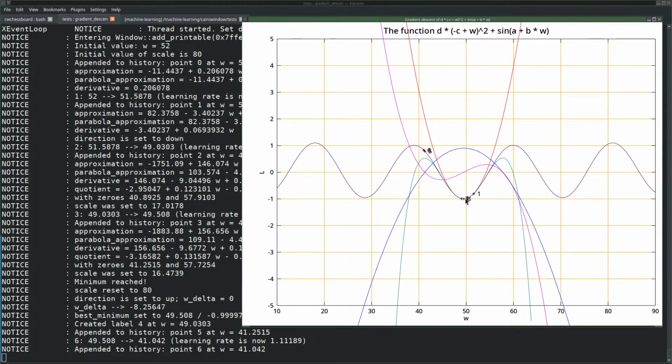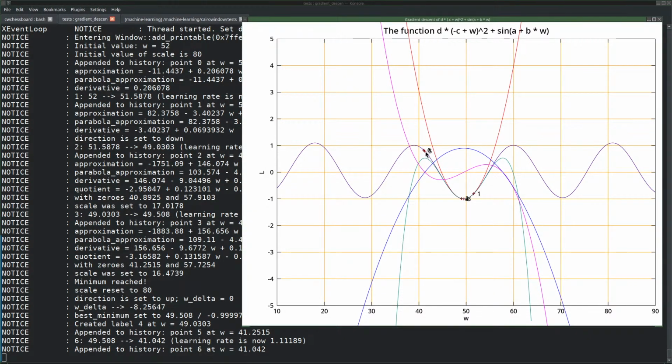And then it says, okay, now we're going to jump to point 5, which is the root of this blue thing, but that equals the root of the orange thing, and therefore equals the maximum here of the fourth degree approximation. And that caused us to go to 5.